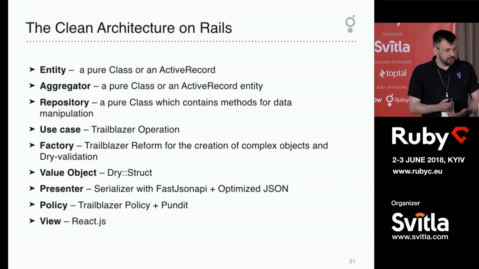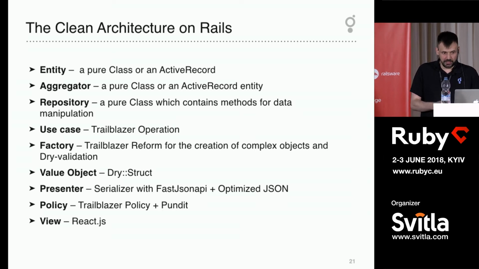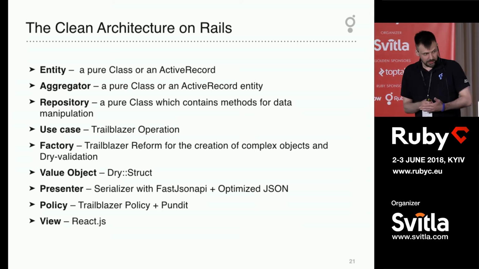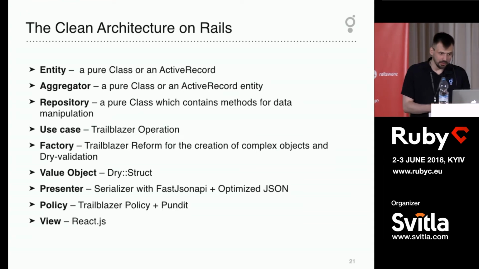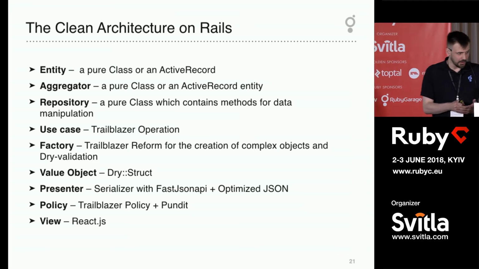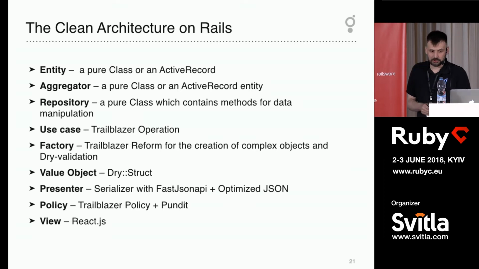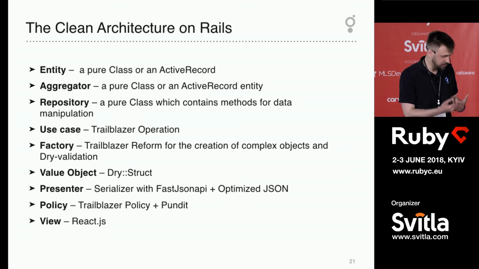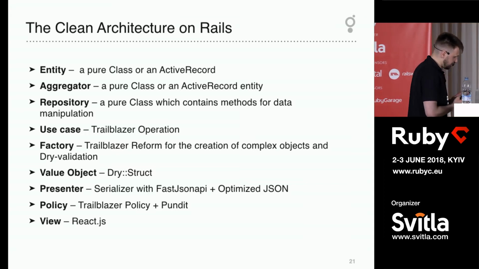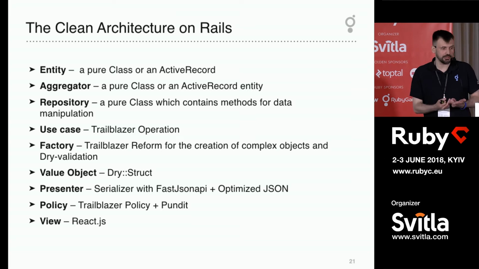So we have an entity. An entity is a pure class or Active Record, but without any dependency. We have an aggregator. This is also a pure class or Active Record entity, but it is a kind of entity that provides access to other child entities.